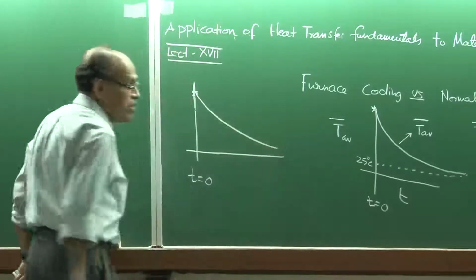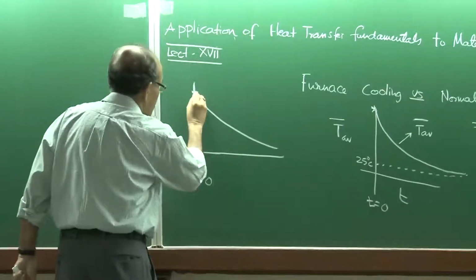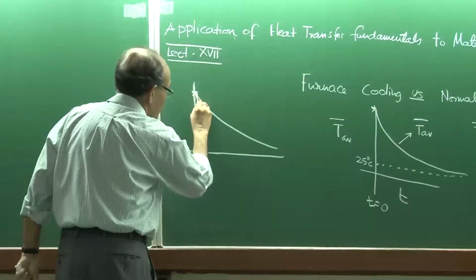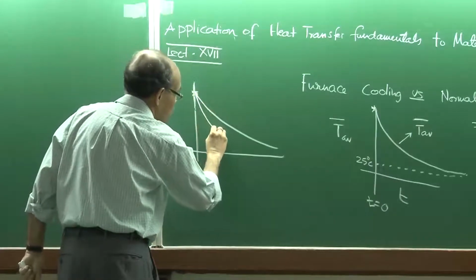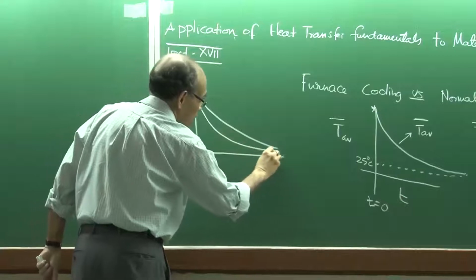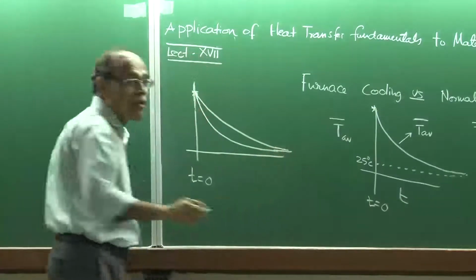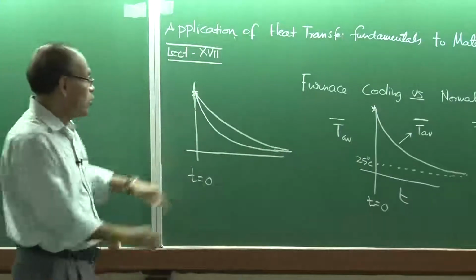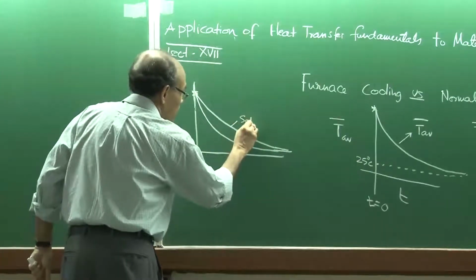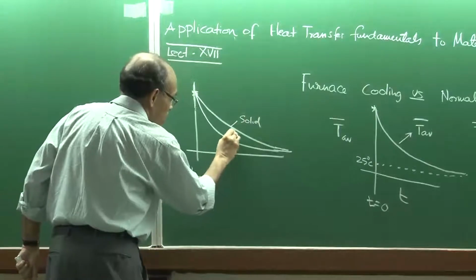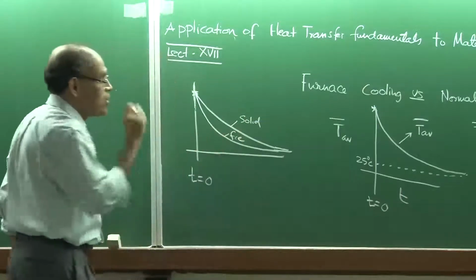Similarly, the furnace temperature will also decrease, possibly because I have shut down the energy, and ultimately at very long time, both the furnace and the solid reach the same temperature. So, this is the solid temperature and this is the furnace temperature. That is how the temperature is going to change.